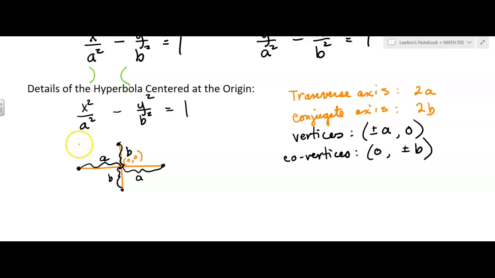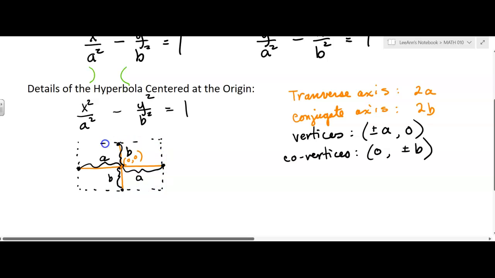Okay, now we're going to draw that central rectangle. Like that. The asymptotes go from the corners through the center. I've seen students draw them and they don't always go through the center, but you've got to go through the center. Now you can see that kind of divides the graph paper into 4 sections, right?